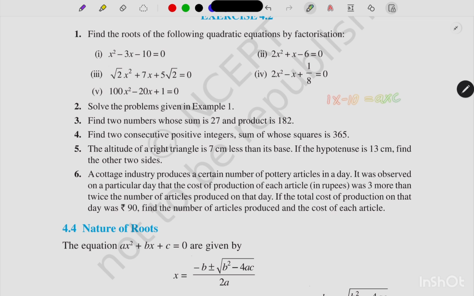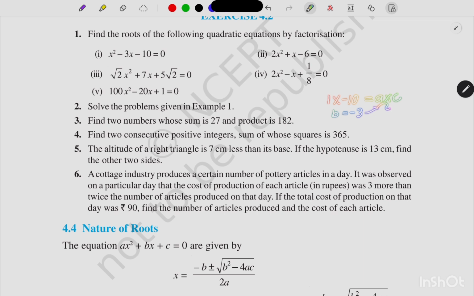Because this might be a very difficult topic if you don't understand this. Now we got 1 times minus 10, and this is AC. You're supposed to split B. B is what? Minus 3.